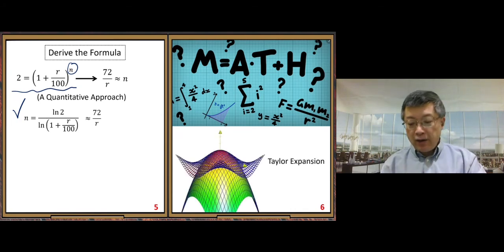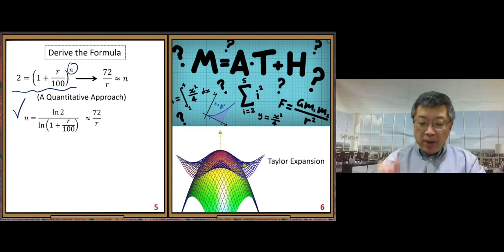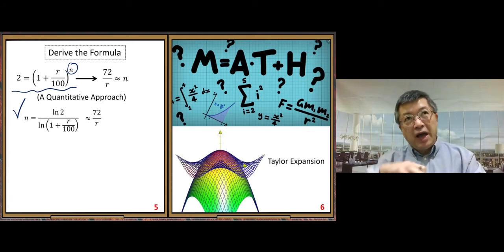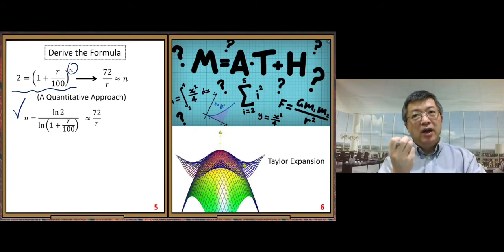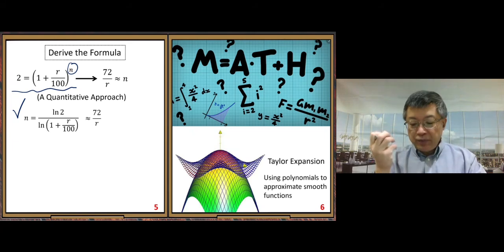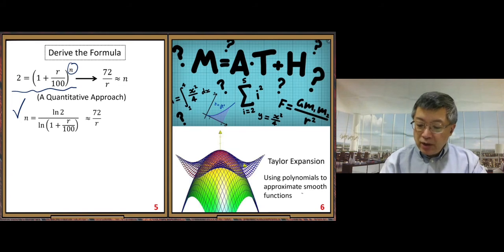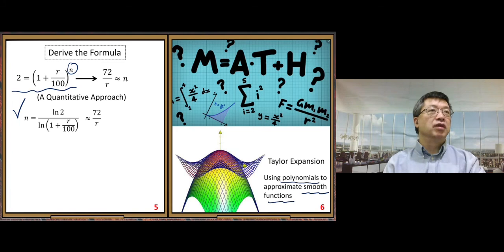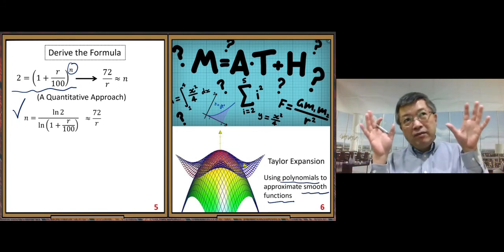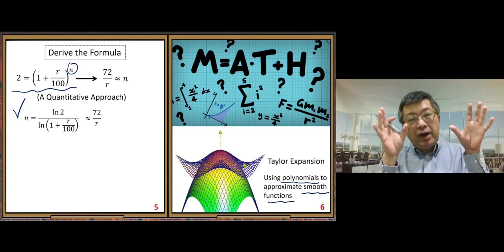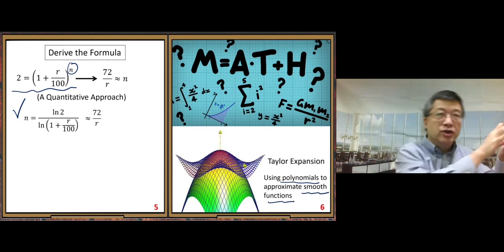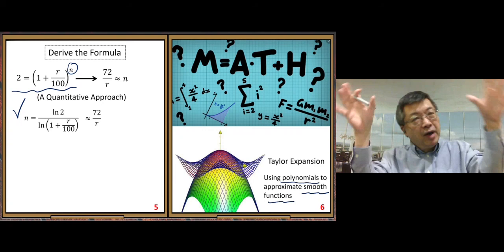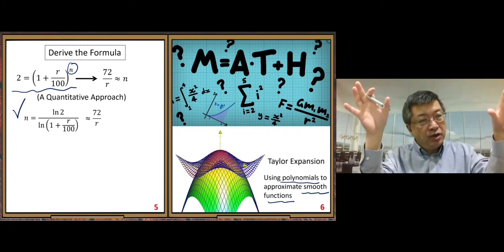It's called Taylor expansion. Here, the picture is an approximation picture. Taylor expansion is used to approximate smooth functions by polynomials. We know polynomials are very simple. Some smooth functions could be very complicated, so we want to use polynomials to approximate them.